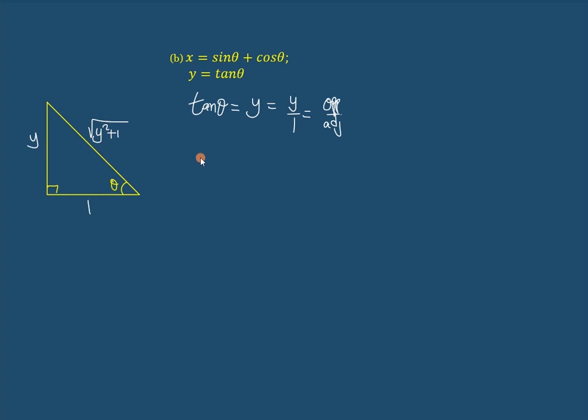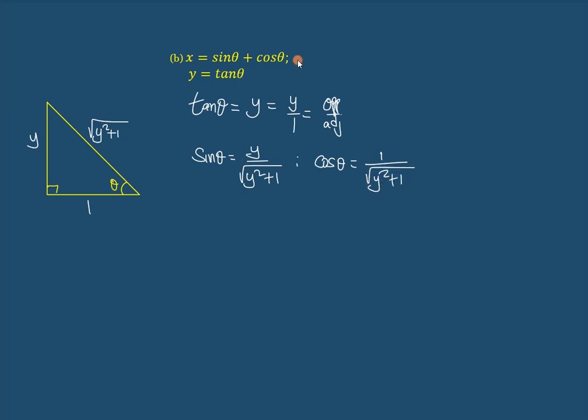And from there, it means that the sine of theta is given by opposite, which is y over hypotenuse, which is square root of y squared plus 1. And then the cosine of theta, which is given by adjacent over hypotenuse, will be 1 divided by square root of y squared plus 1.